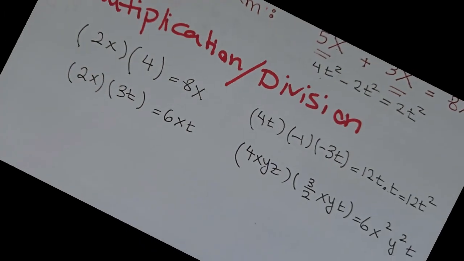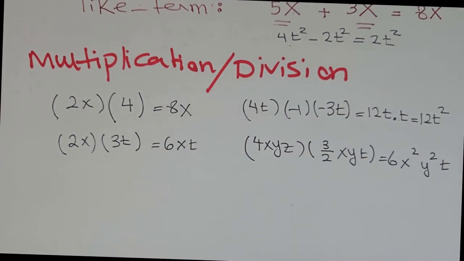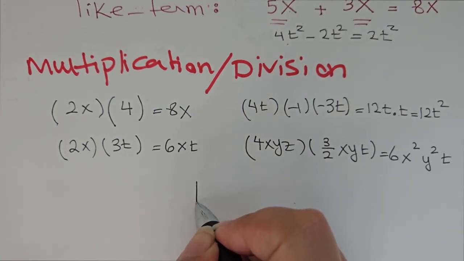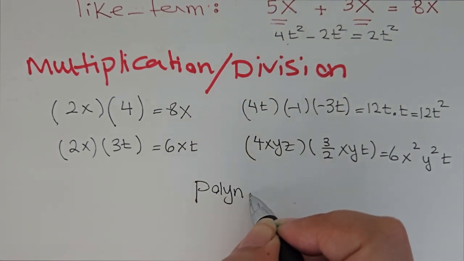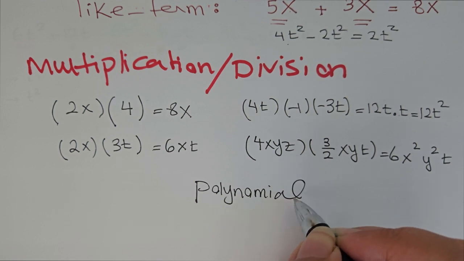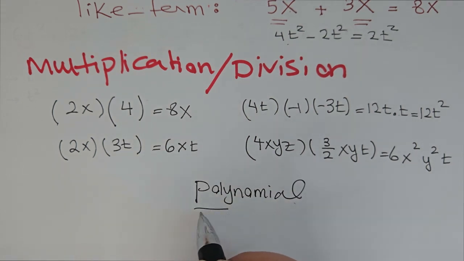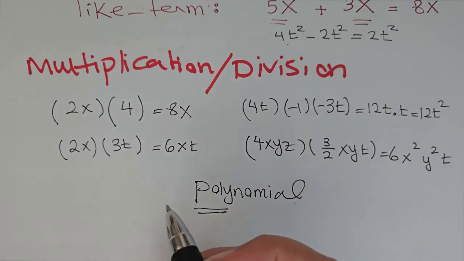Okay, now let's continue with more examples. But before we proceed, I want to introduce another term. Let's say you might come across polynomial. So what does it mean? Poly means more than two, more than three, like a few, right?